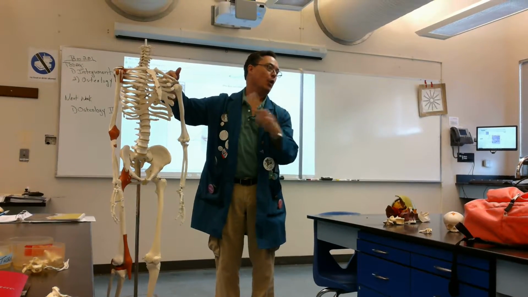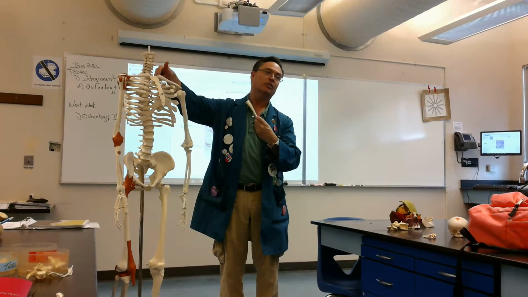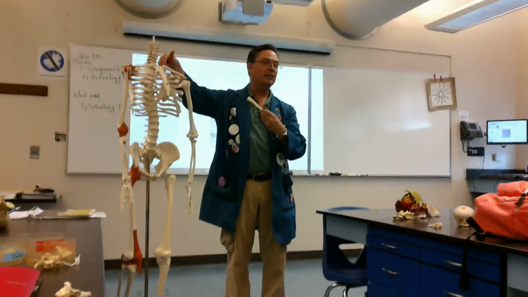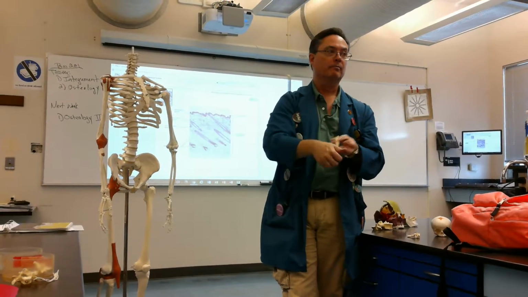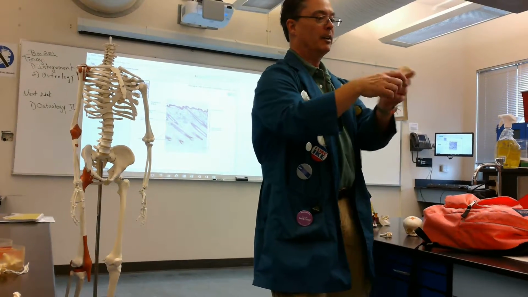I would learn acromial preferably in medial or sternal end. Acromial end, medial or sternal end. So on this one, I won't ask you if it's the left one or the right one. You could do that on this. But you could tell just by looking at it, okay, well, that must be the medial or sternal end, right?